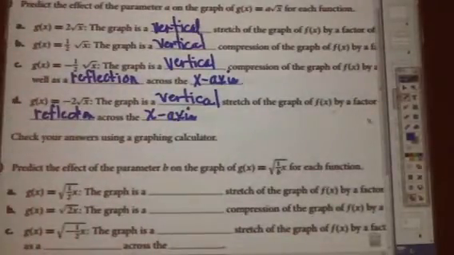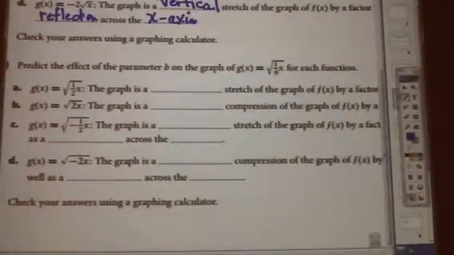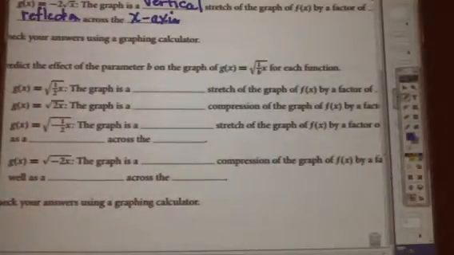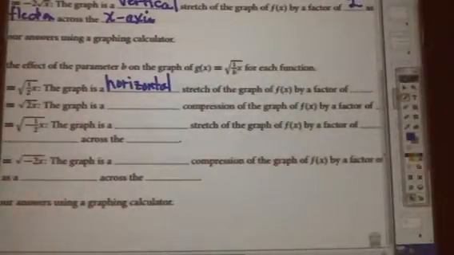Okay, let's go inside the radical now. Inside the square root, we're looking at the B. So remember the B, everything inside the square root is opposite of what you think. Square root of 1/2 x. The graph is a horizontal stretch by a factor of 2.